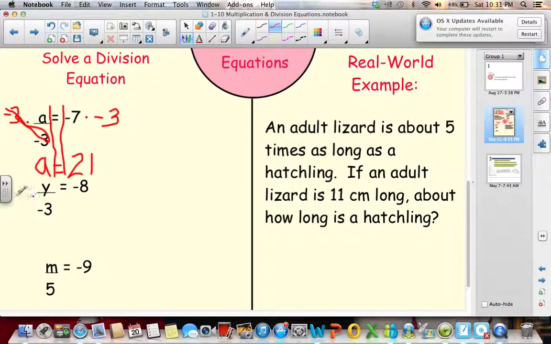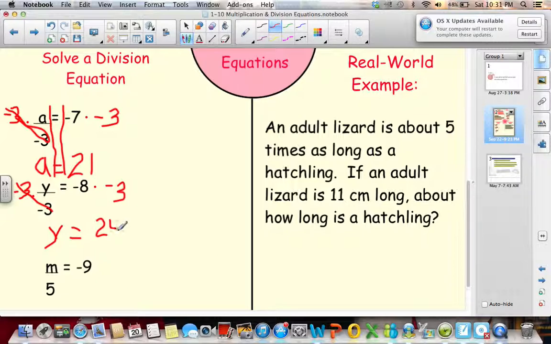Okay, same thing here. Divide both sides again by negative 3. Remember, we're always looking at the side with the variable, and then we're multiplying by the number it's being divided by. So negative 3 cancels out negative 3, and we have y equals negative 8 times negative 3 is 24.